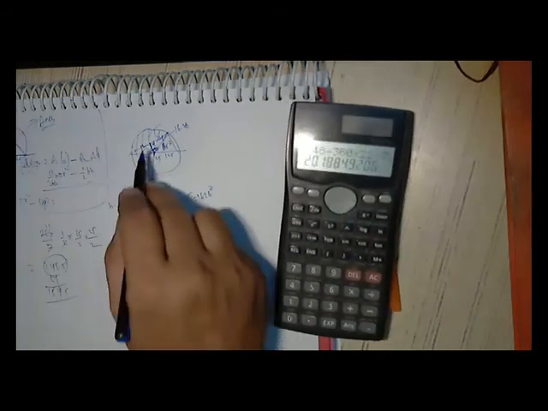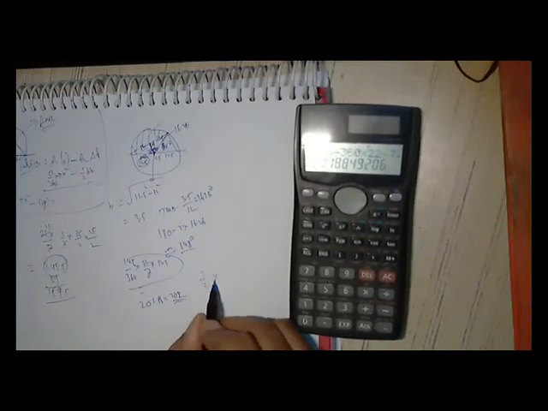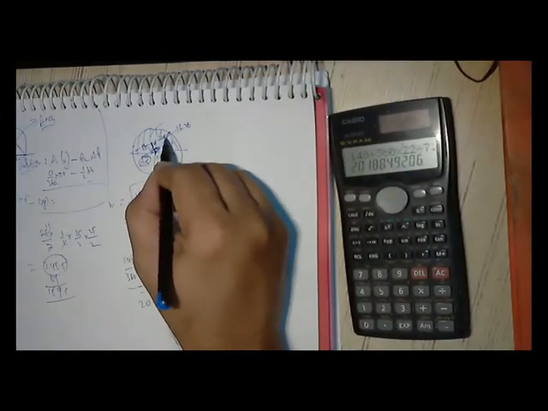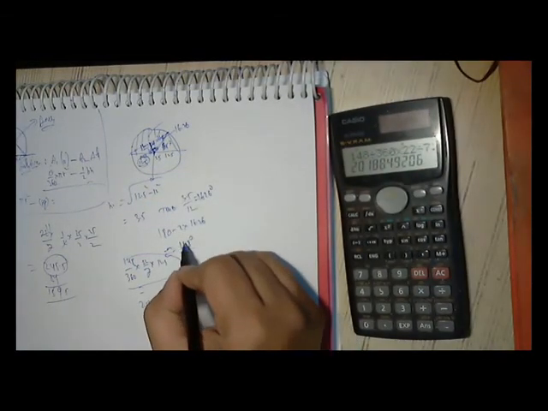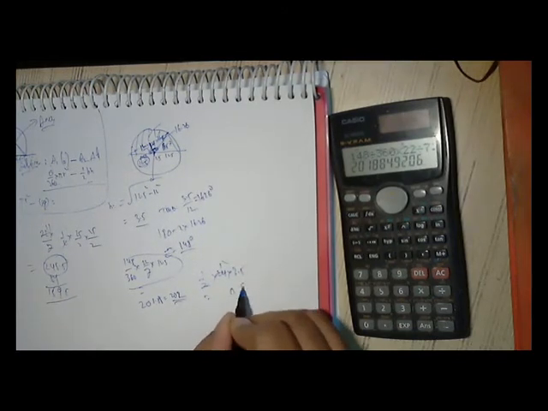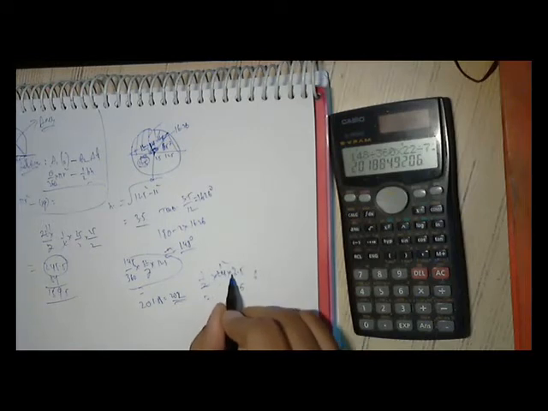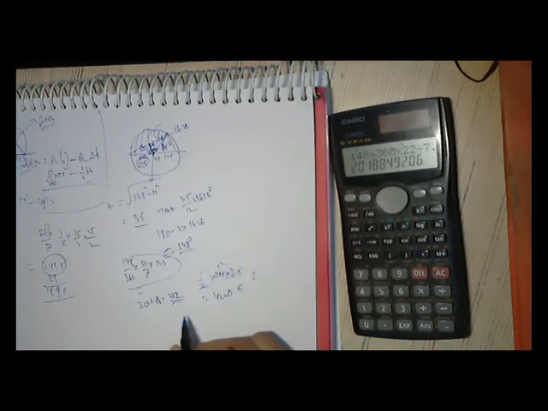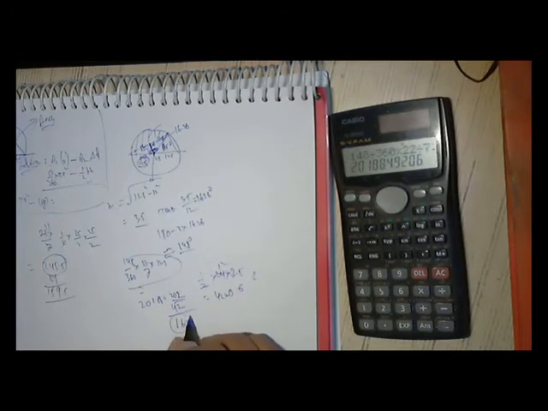What is the area of the triangle? Half base into height. Base is 24, height is 3.5. 12, 12 5s are 60, 12 3s are 36 plus 6, 42. This is 42. If I remove 42, what am I getting? Around 160.